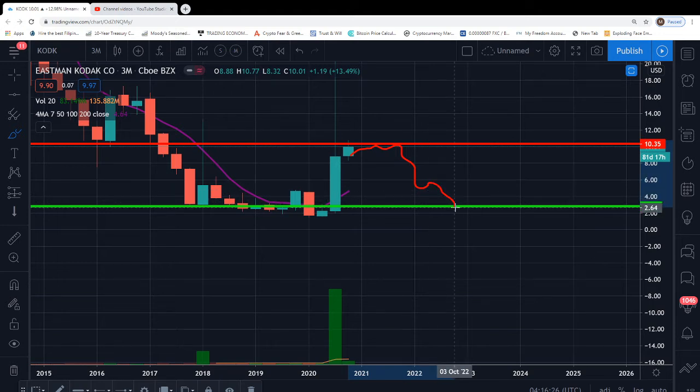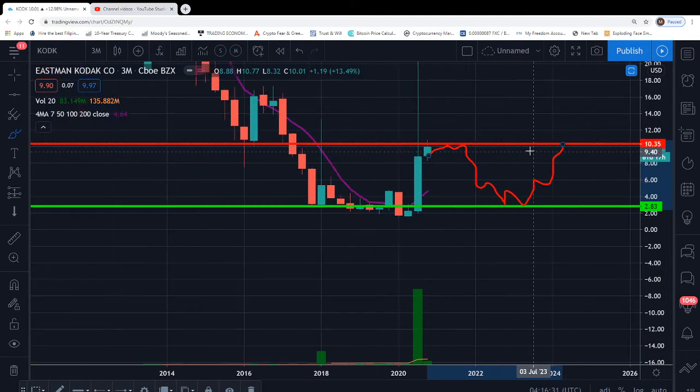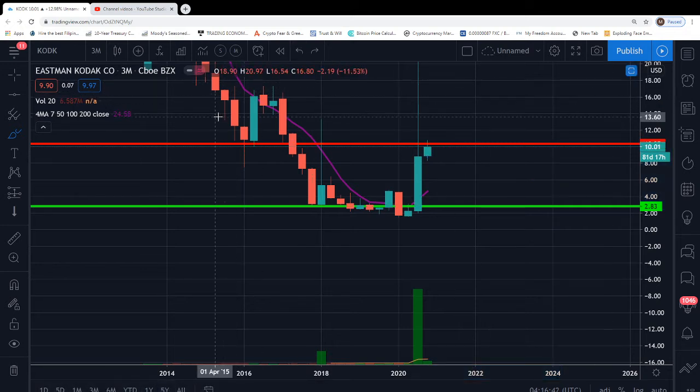If that level holds and potentially consolidates, and it could actually get above $10.35, wow, man, that would be a very bullish outcome or potential setup, at least in my book, the way that I can see the candlesticks here. It might be too late to even get prices that low, but I'll be patient and pay attention to what goes on in the charts. But it's clear to me that the resistance level is $10.35. I can see that very clearly on the 3-month here.